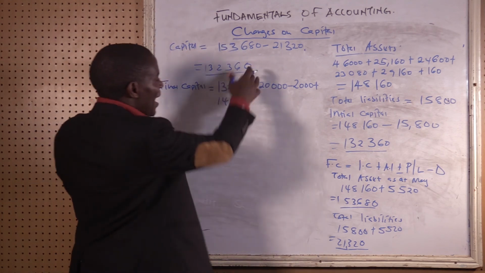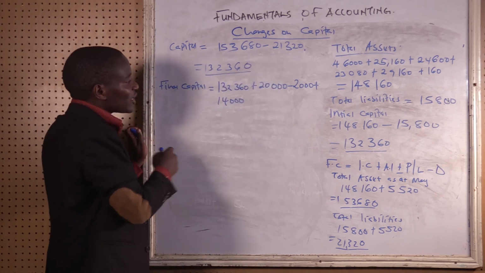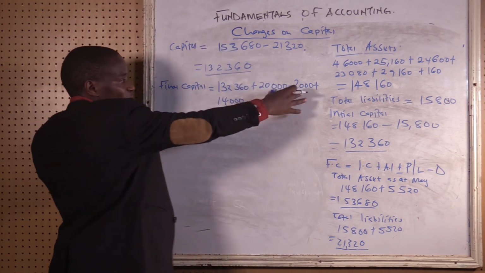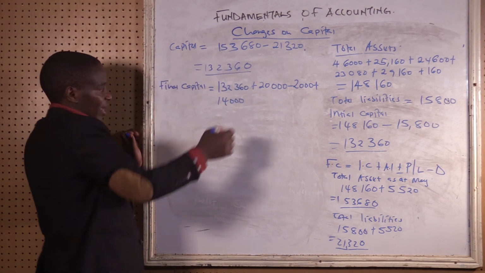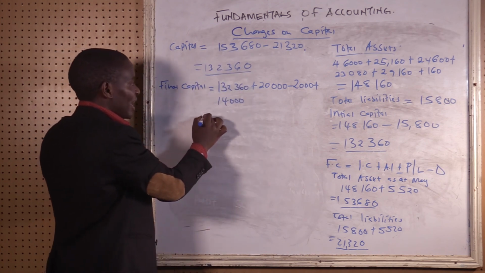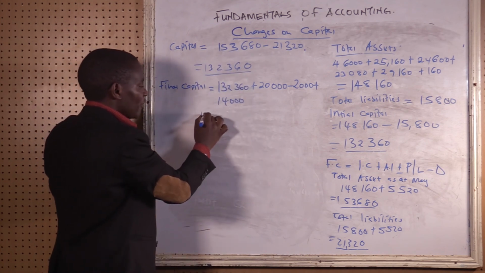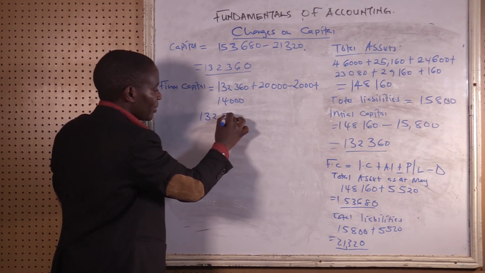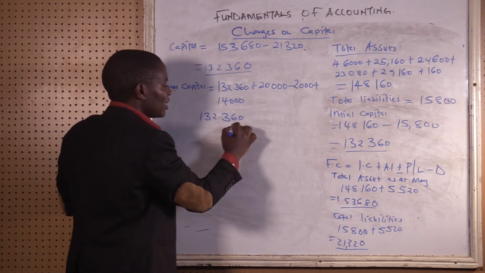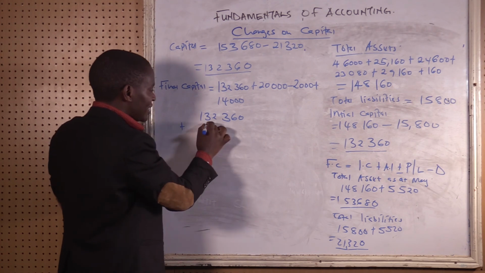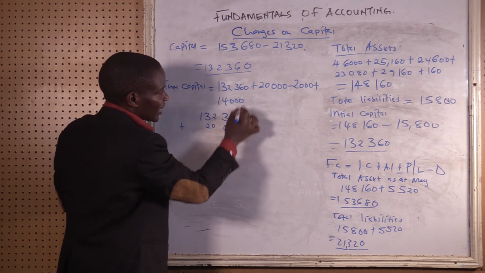So because of the computations, let's now rearrange my work in a columnar way so that we can add it very fast. We have 132,360. We add 20,000.